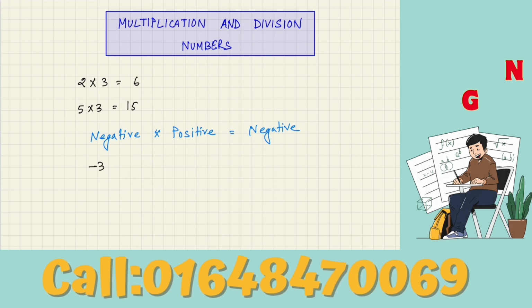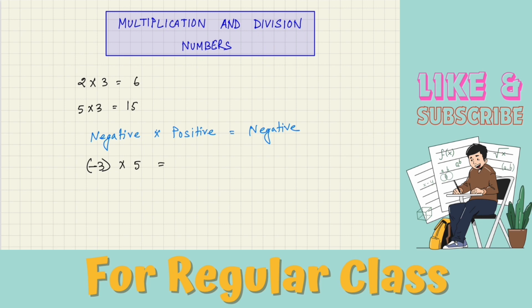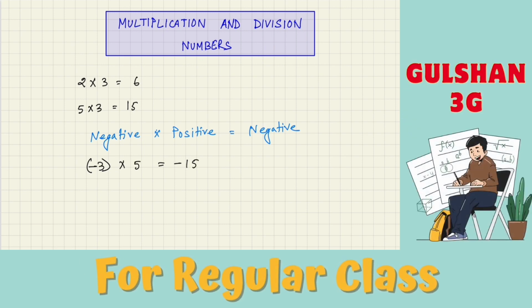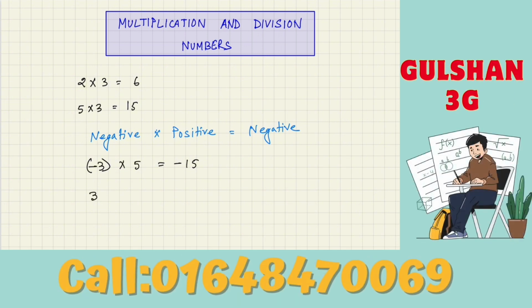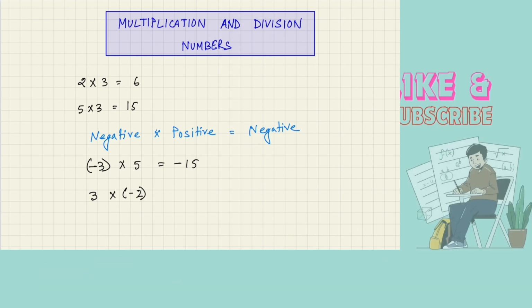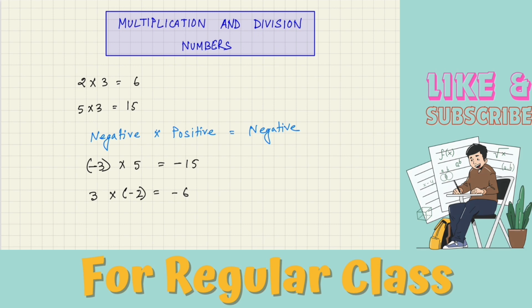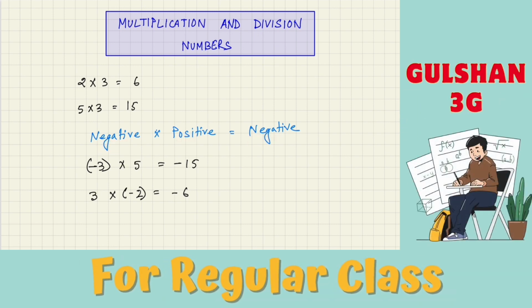The negative number 3 multiplied with 5, the result will be minus 15. And similarly, if 3 is multiplied with the negative number minus 2, the result will be minus 6. So one negative number and one positive number will always give a negative number.